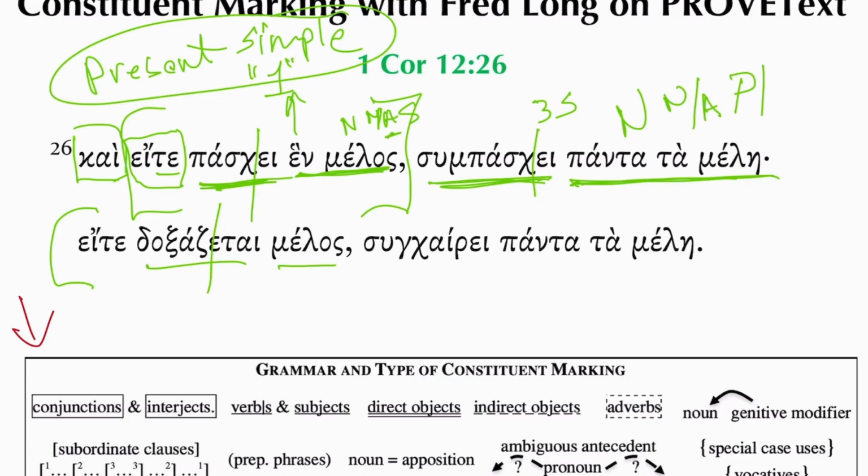So if a member is glorified, sugchairei panta ta melē. The main sentence is sugchairei. Sugchairei is from chairō, which means to rejoice. The sun on the front means with, and then you have panta ta melē, which is the subject.